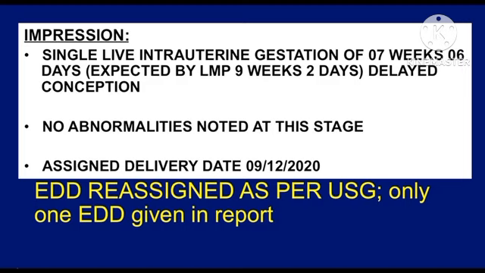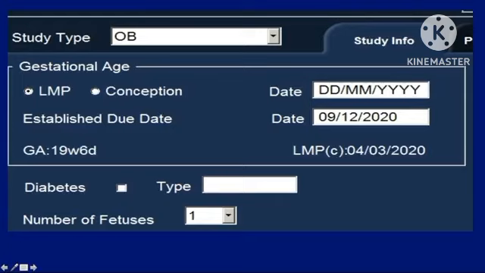So the next time the patient comes to you, you are not going to enter the LMP, you are going to write only according to the previous dating scan, and now you will write in the bracket expected by dating scan and not expected by LMP, and assign the delivery date by dating scan is so and so.